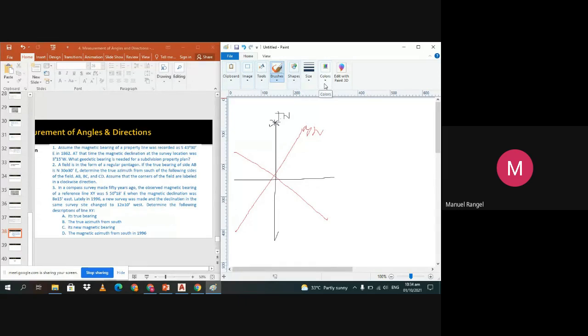So for southeast, given the magnetic bearing, let's write a line south 40 degrees. So this is the bearing of 42 degrees 30 minutes.